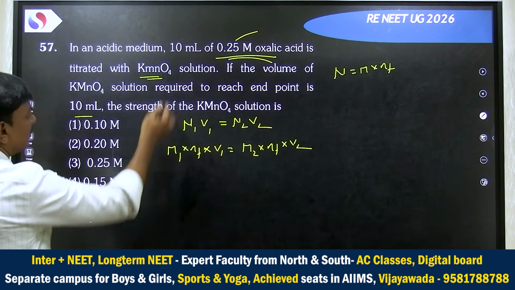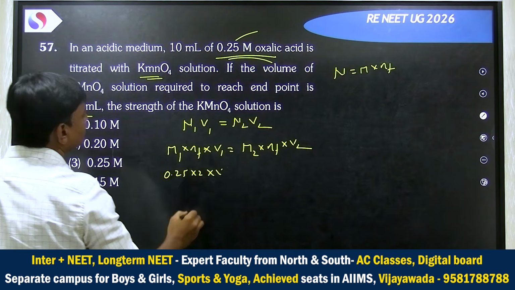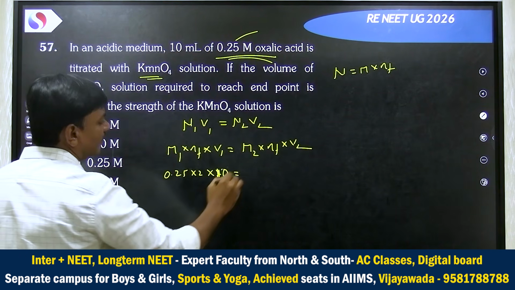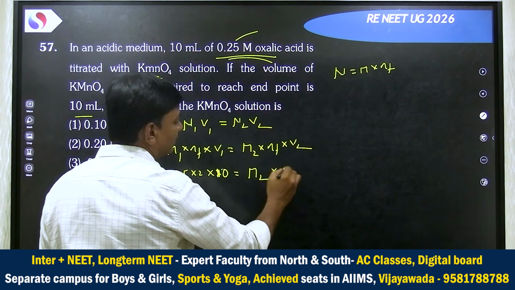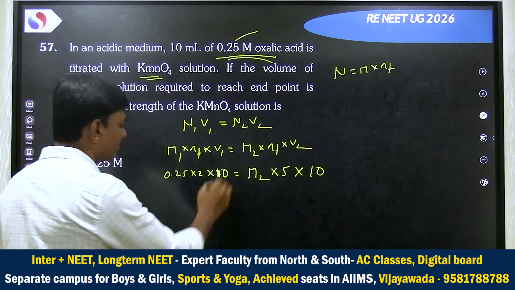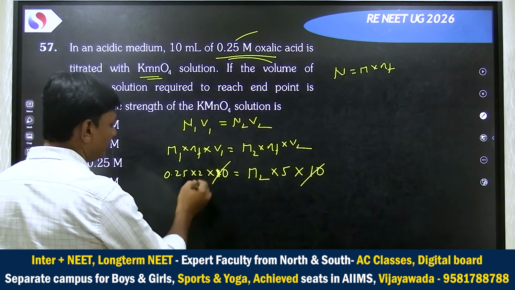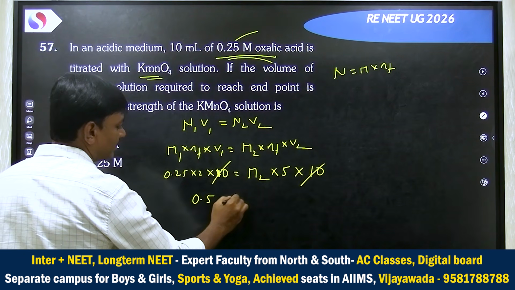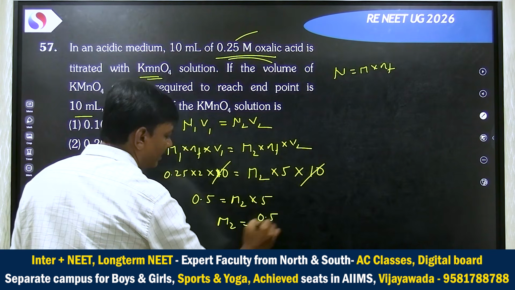So here M1, the molarity, is 0.25 into 2. V1, the volume given here, is 10. That is equal to M2, the molarity of KMnO4, and its n factor will be 5. V2, the volume of KMnO4, will be 10. So here 10 will be cancelled, and 0.25 into 2 means 0.5 is equal to M2 into 5. Then M2 is equal to 0.5 divided by 5.